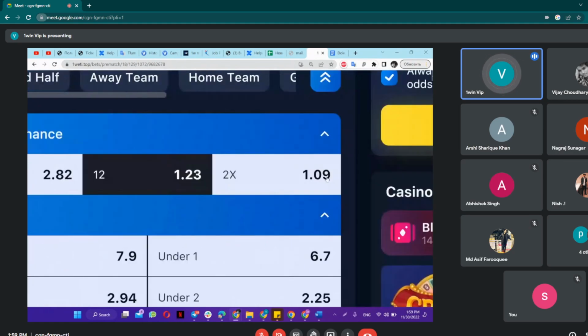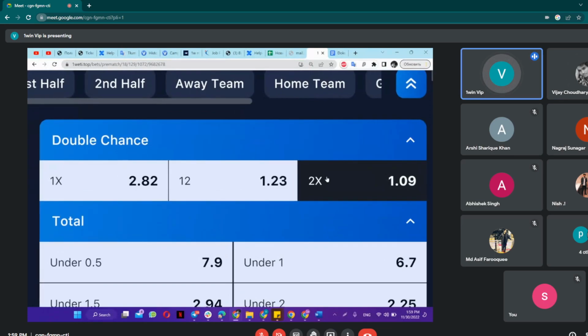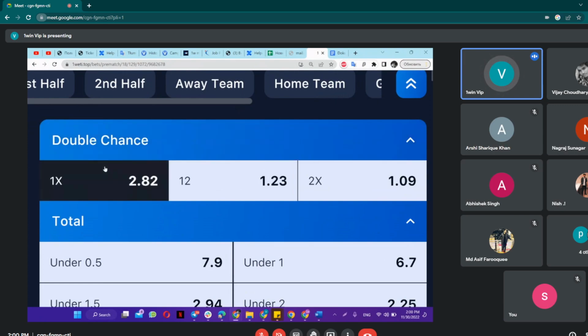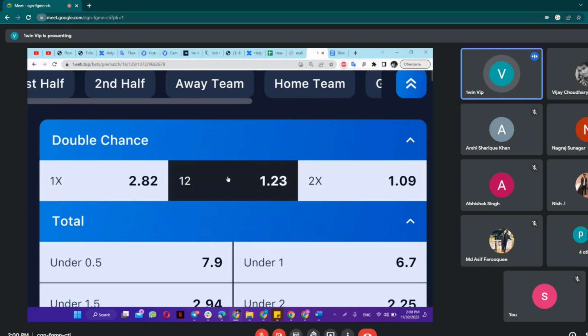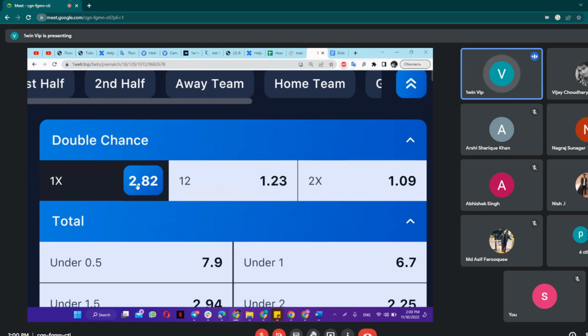So let's continue with double chance. The double chance is the second bet after 1x2, and we have some similar outcomes. So we have 1x, we have 2x, and we have 1, 2, not 12. So what is the bet 1x? Basically, we are placing two outcomes in one bet.